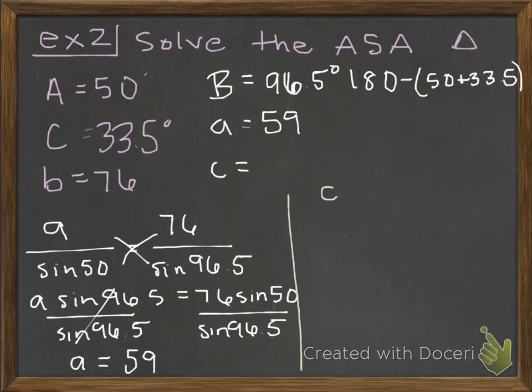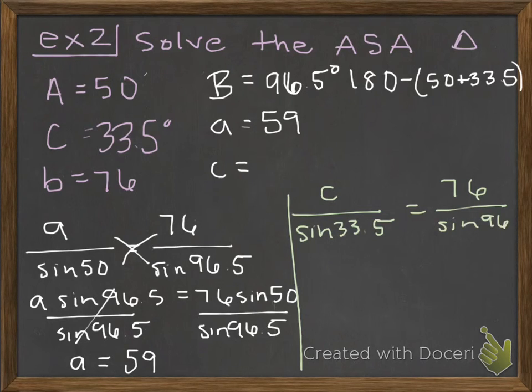So similar calculations, almost identical. So side C over sine of 33.5, make sure you use the angle C's information, equals 76 over sine of 96.5. And again, we'll cross multiply. So I get C sine of 96.5 equals 76 sine of 33.5.